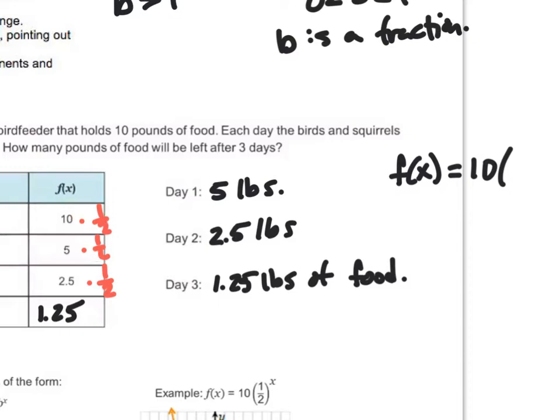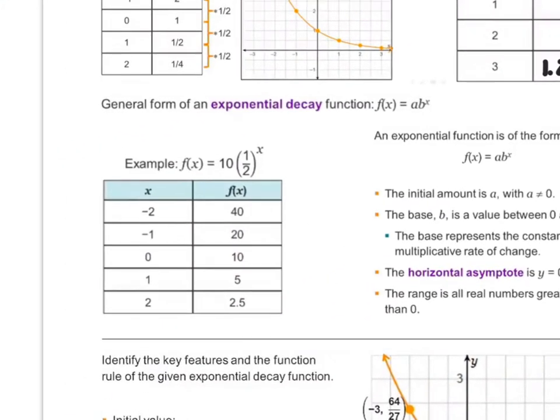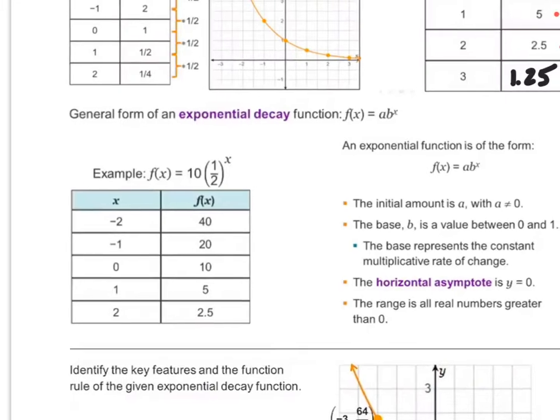You're multiplying each of these by a half, so you put 1/2 here, and raise that to the x power. That's your function, and that's how we get that. So we wrote out this example and talked about how we get those numbers.